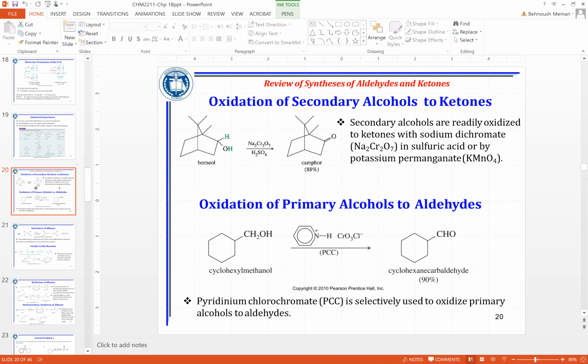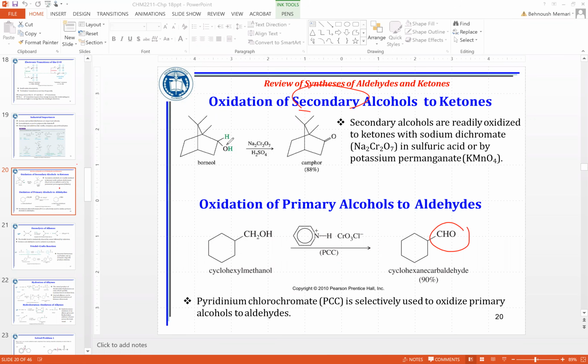The pattern is the same, so it helps if you look at the same type of reaction for both of them. Like if you wanted to do oxidation of alcohol, oxidation of secondary alcohol would give you ketone. Oxidation of primary alcohol would result in aldehyde.